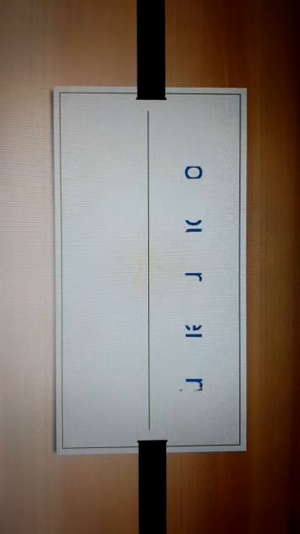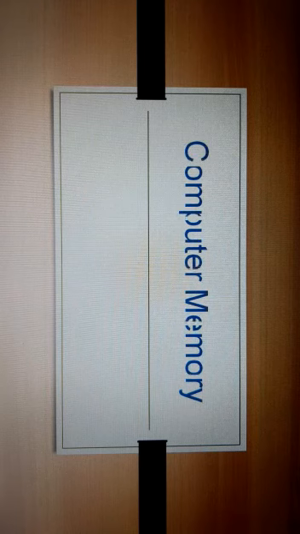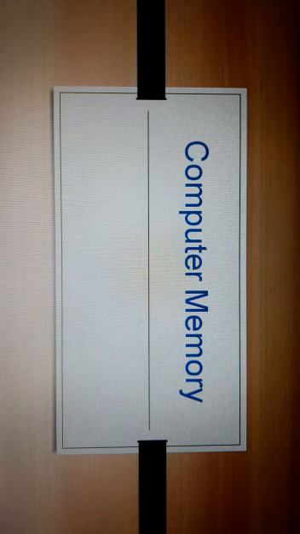In this session, we will discuss about computer's memory. In the previous session, you have learned about the computer hardware. Once again, something to review. The computer's hardware is divided into two categories: one is CPU and another one is peripheral devices.